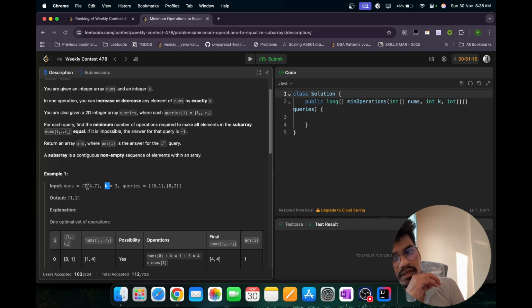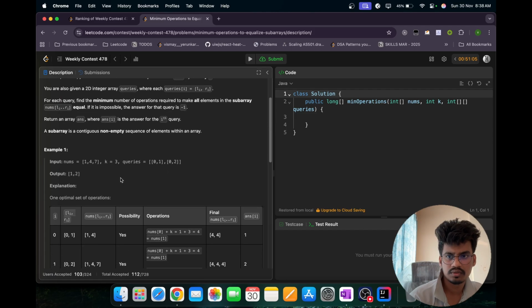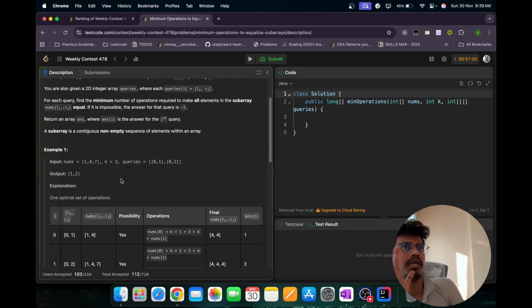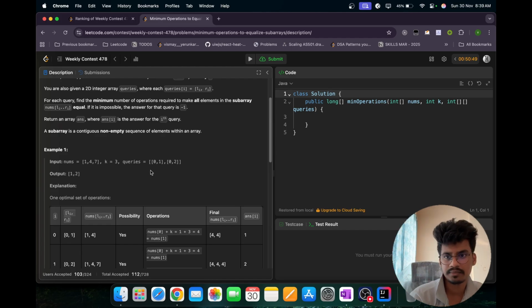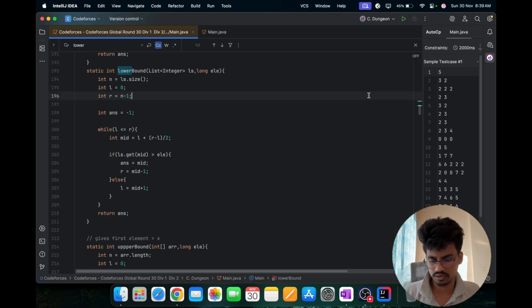For every element in this subarray, we should have a difference of k or 0, so that we can make this guy to the next guy, we can make both of these to the next guy, then again we can take all these guys and increase them to the next guy. So the idea is, okay, I'll just close this for now.